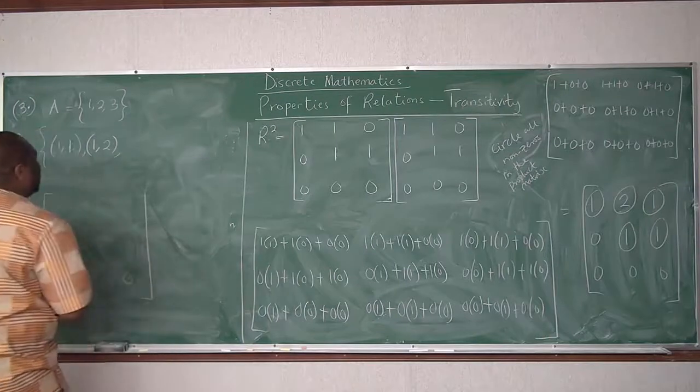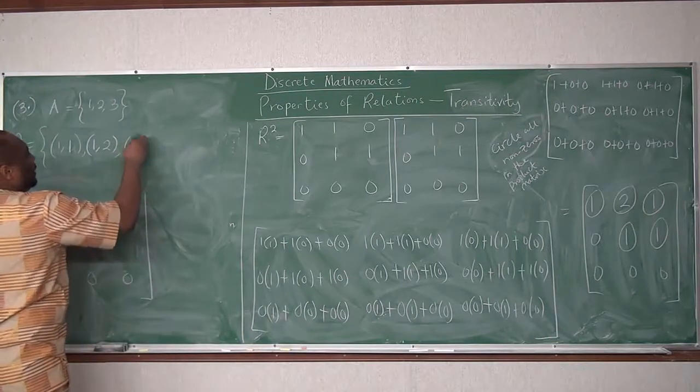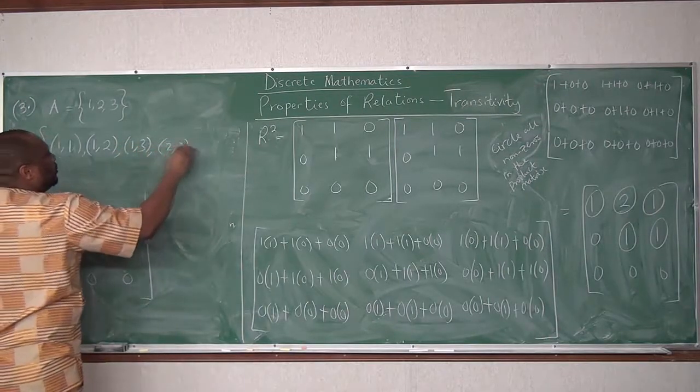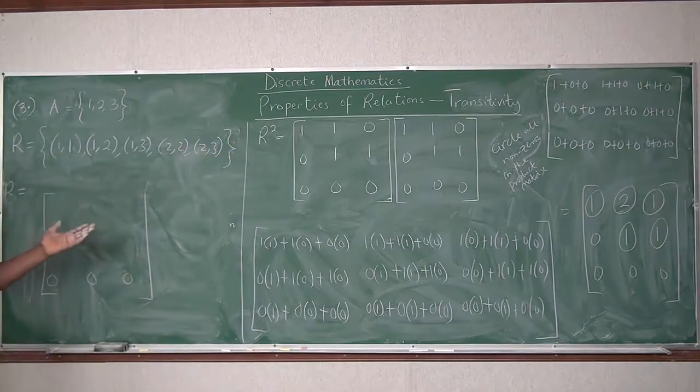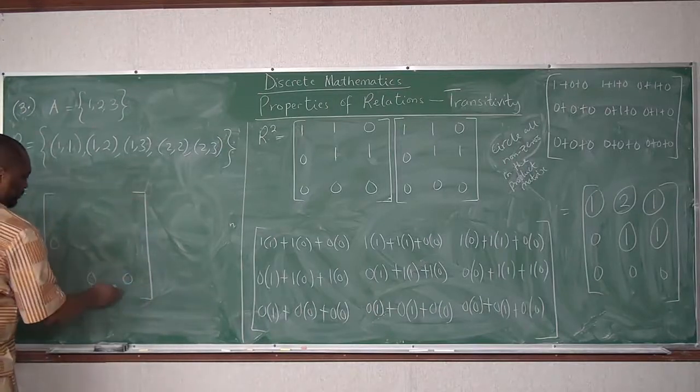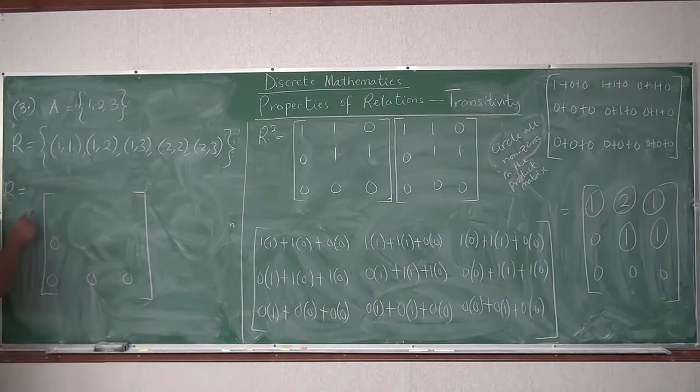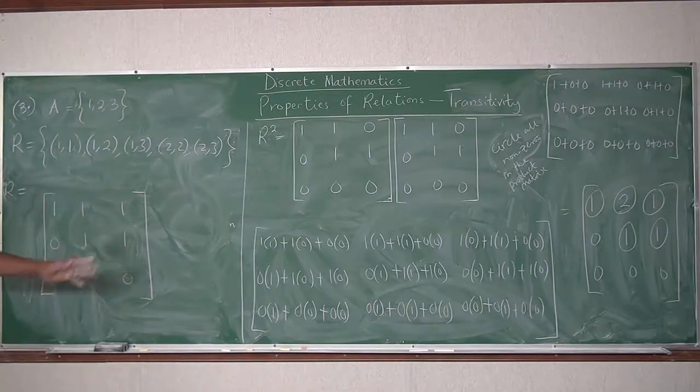So let's put it as a matrix. We have 1, 1 is here, 1, 2 is there, 1, 3 is there. 2, 1, no, 2, 2, yes, 2, 3, yes. This is what it will give us.